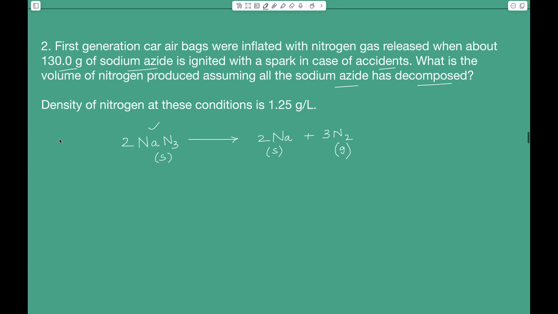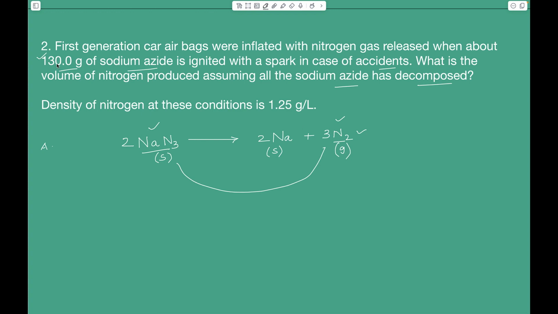I will let you attempt this question and figure out the mass of nitrogen produced first. Because using this balanced equation, you can figure out the mass of nitrogen produced from so much of sodium azide, because you can figure out a relationship between the mass of sodium azide and mass of nitrogen from the balanced equation.